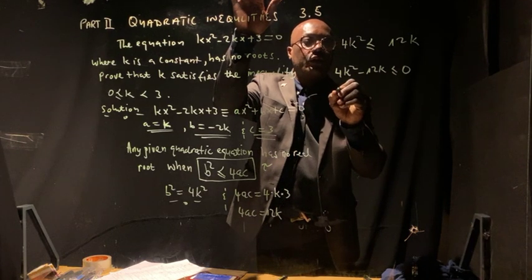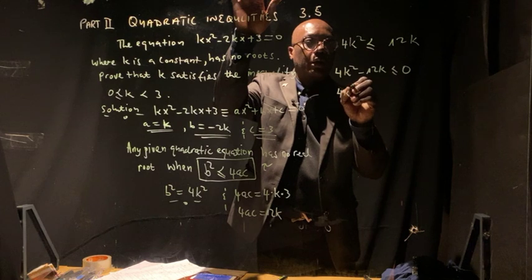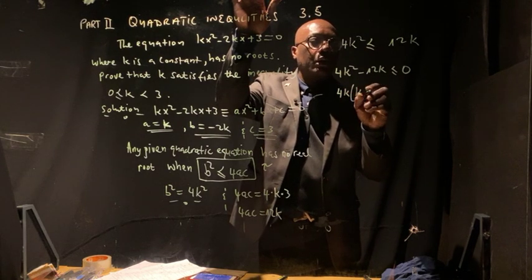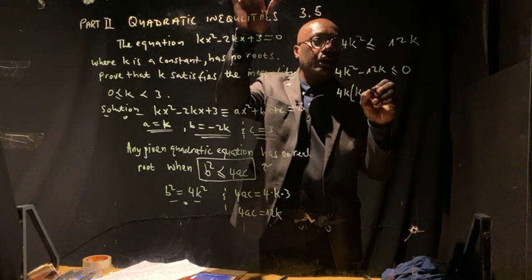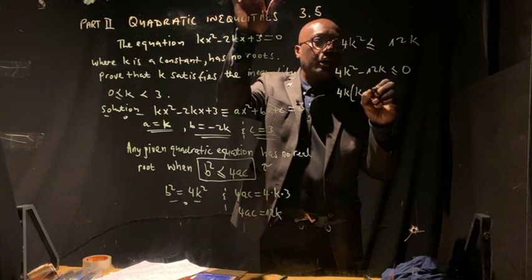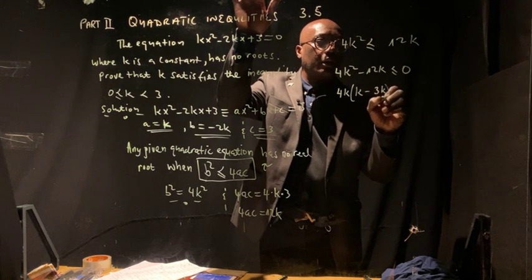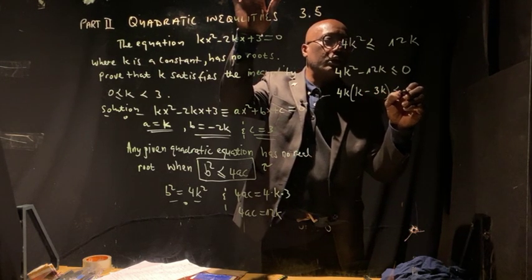Factorize 4k outside, we have 4k times k minus 3 is less than or equal to 0.